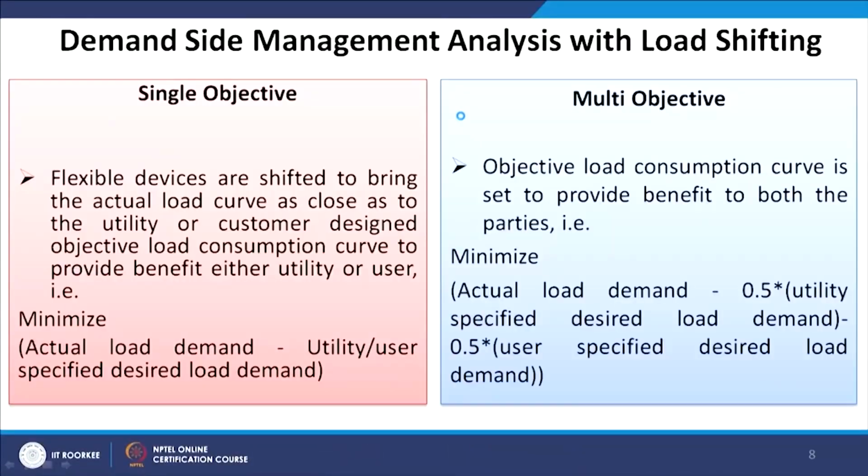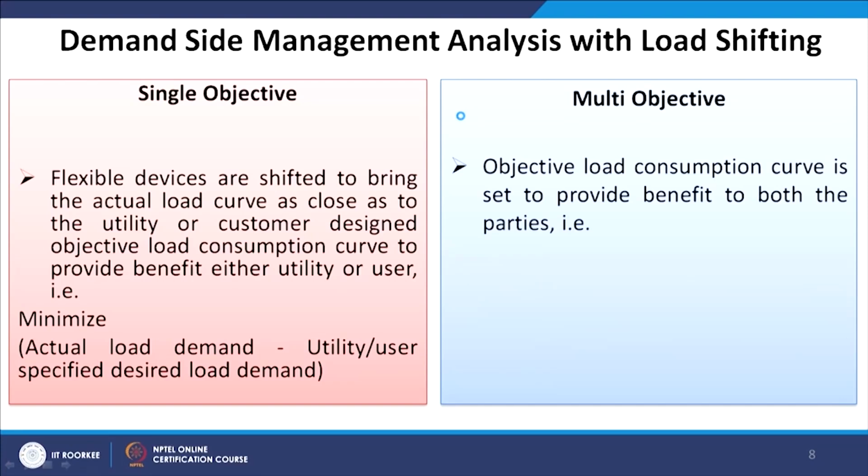But the second one could be, because the consumers have participated actively to achieve your goal, the benefit has to be shared between both utility and consumers, otherwise consumers may not actively participate and support your program. So, that is the second objective, which we call multi-objective, where you share the benefit between both utility and consumers. Now, first of all, what is that single objective?